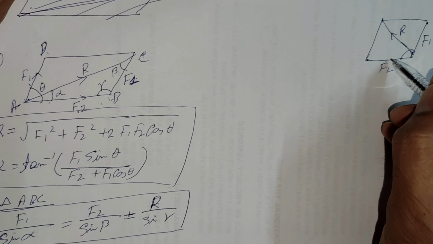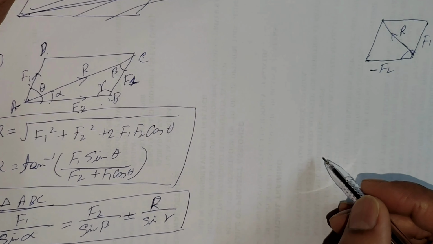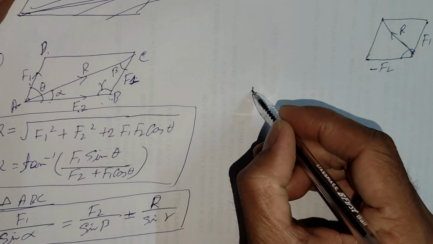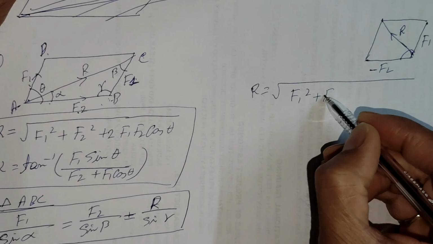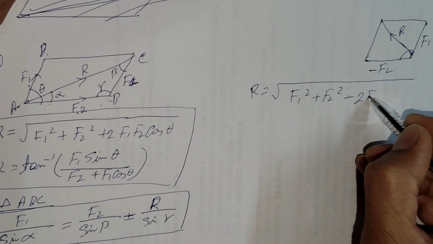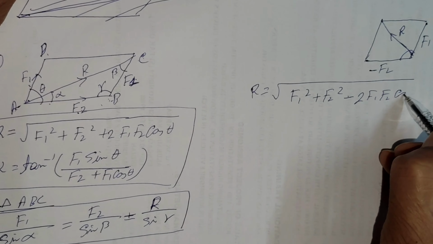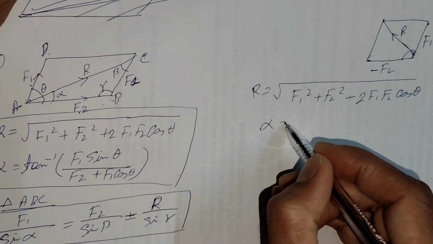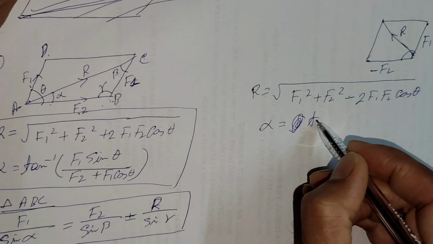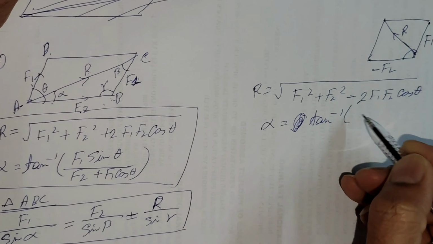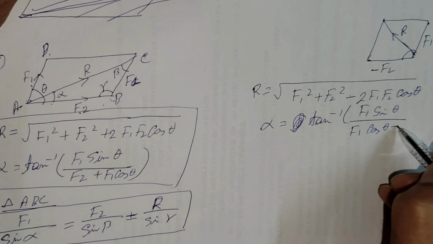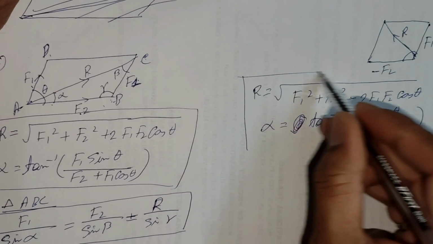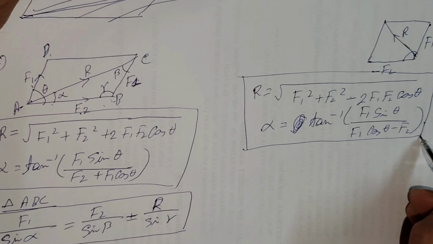So this is the minus direction, so that is minus F2. From this figure we get R equals root over of F1 square plus F2 square minus 2 F1 F2 cos theta, and alpha equals tan inverse of F1 sin theta divided by F1 cos theta minus F2. So that is the vector subtraction.